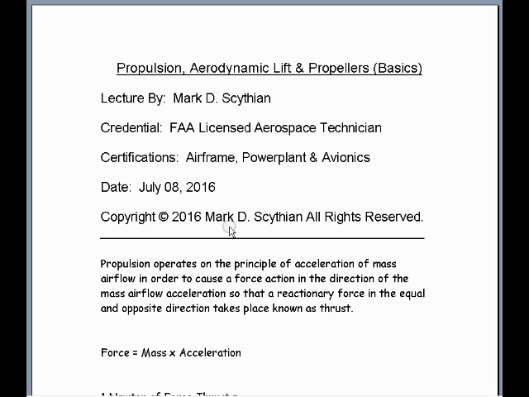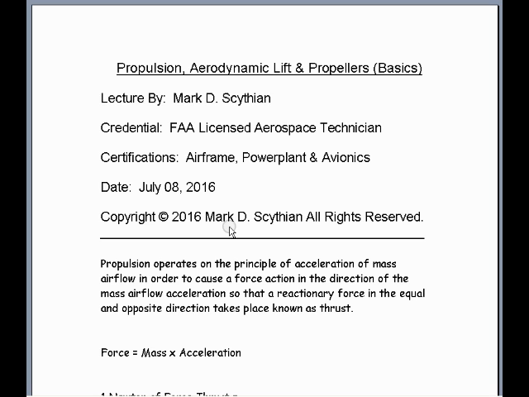In this video lecture, we're going to cover the very basics of propulsion, aerodynamic lift, and propellers. This really sets the basic framework for understanding the overall concept of how wing lift and propeller thrust and propulsion in general work. And they're all really connected to each other. They're just set up differently between linear and angular flow.